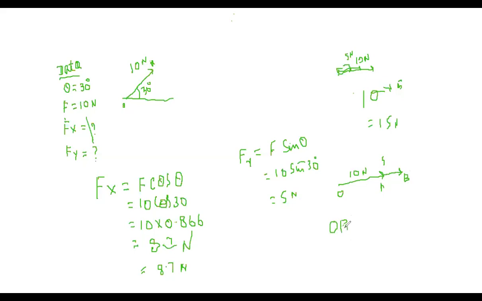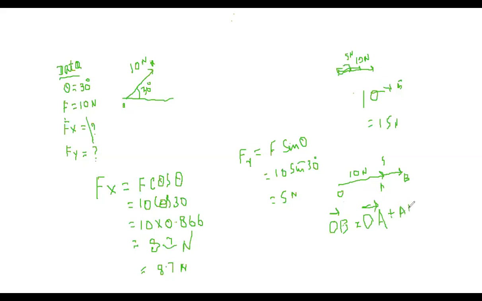You can see in the diagram that OB is the sum of OA and AB. So student, it is not difficult. OB is the resultant or net vector, which is the sum of the two vectors, OA and AB.